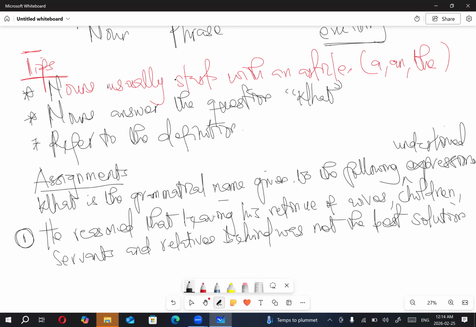So the underlined words are his retinue of wives, children, servants, and relatives behind. Yeah, those are the underlined words.